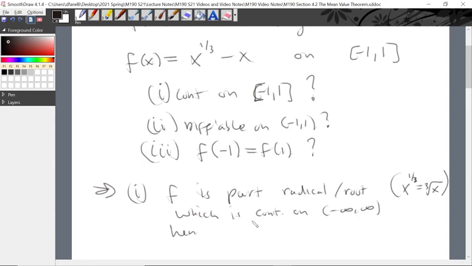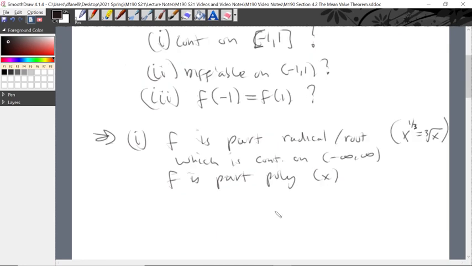Now the other part, f is part polynomial. That's the other term, x. And a polynomial is also continuous on all real numbers.